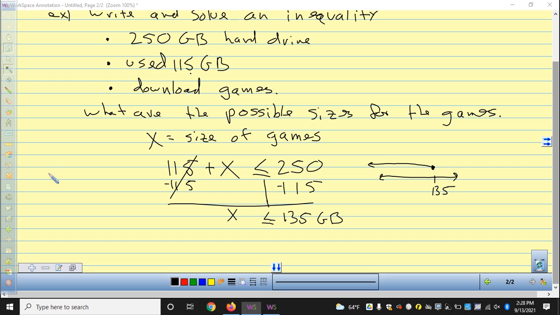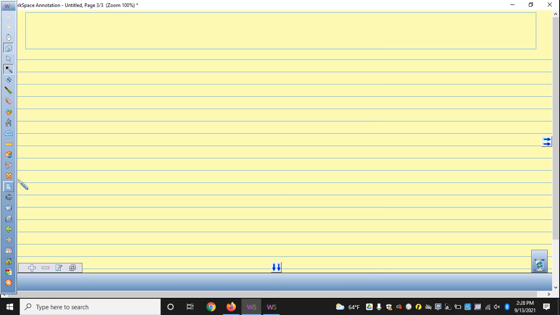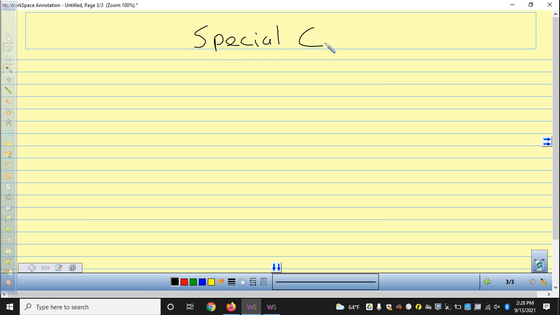All right, let's get to our special rule. On your flip book, the tab says special case negatives. So that's what we're going to write under the little flap of our flip book.